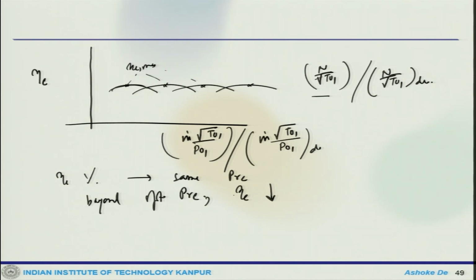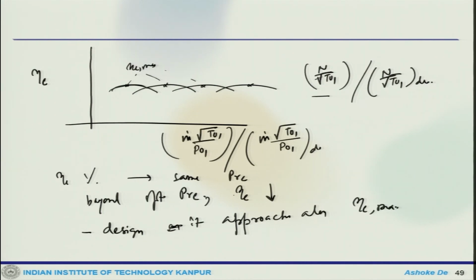So, the compressor should be designed such that it approaches along eta c max. So, this is sort of a gas turbine design criterion.